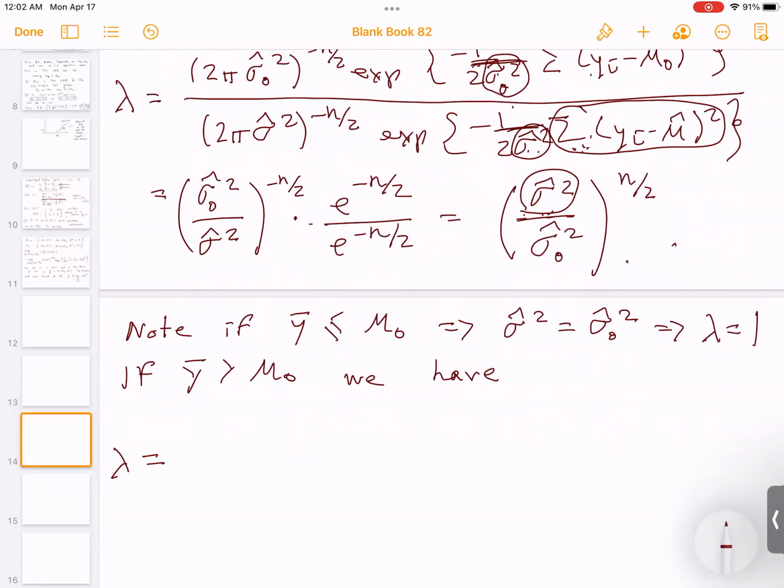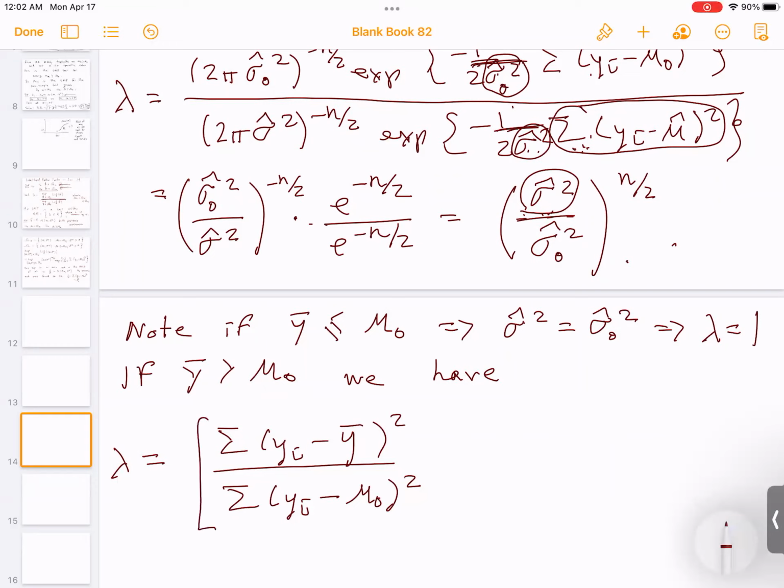We're going to have a 1 over n in both places, but we have the sum yi minus y bar, which was mu hat in this case, squared, over the sum yi minus mu zero squared. And notice the 1 over n's, I've just taken them out, and I've got to raise this to the n over 2 power.